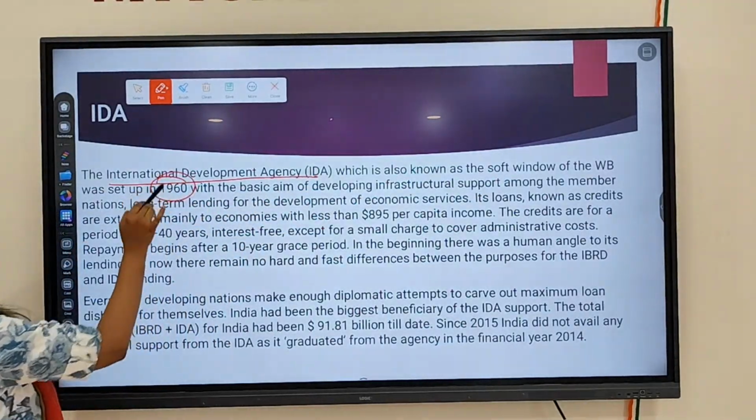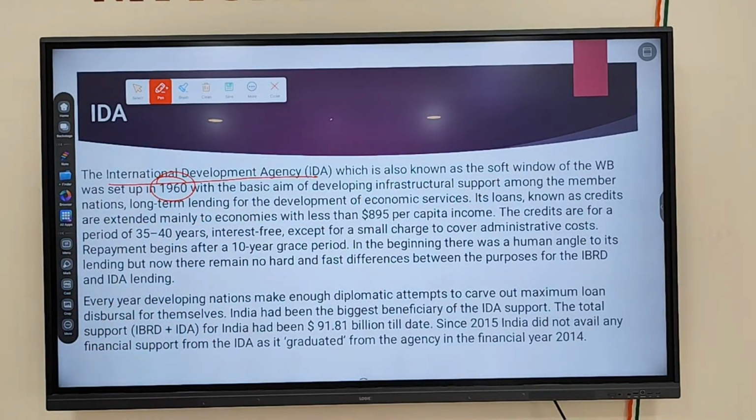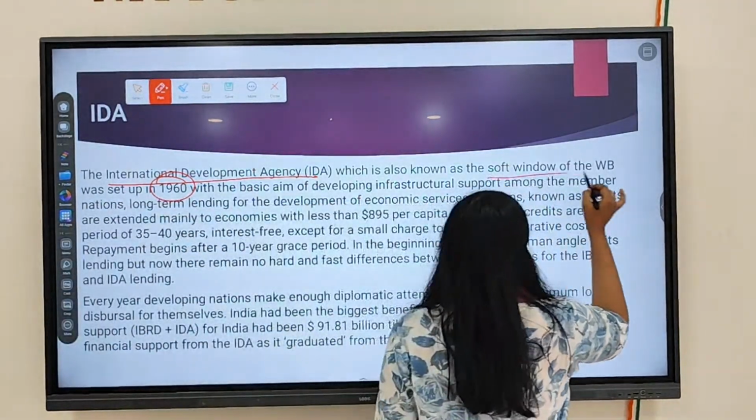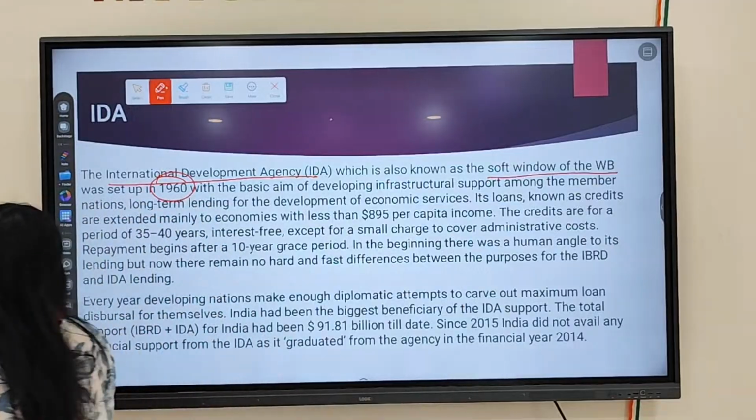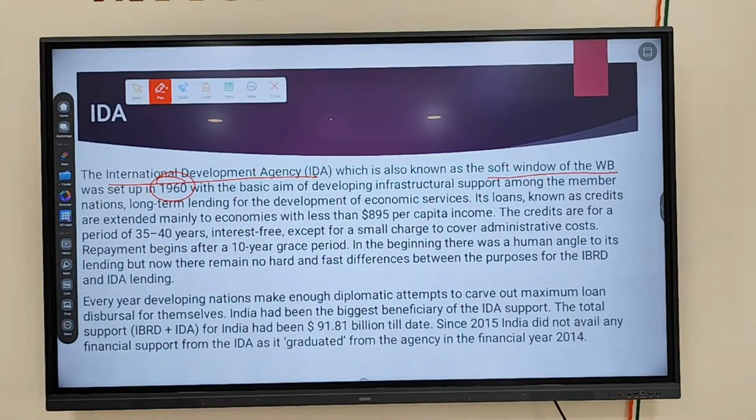This was set up in 1960. This is also known as the soft window of the World Bank. Why? Because the loans are interest free, and they will give the loans for 35 to 40 years. That is why it is called the soft window of the World Bank.